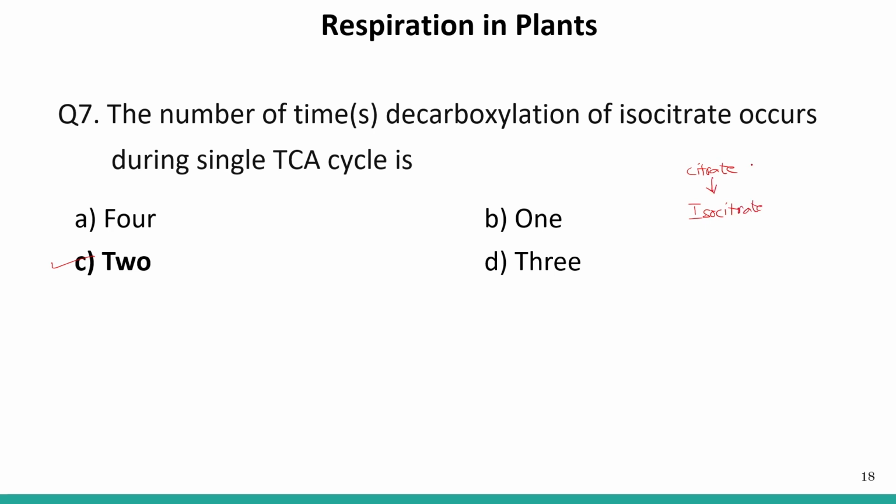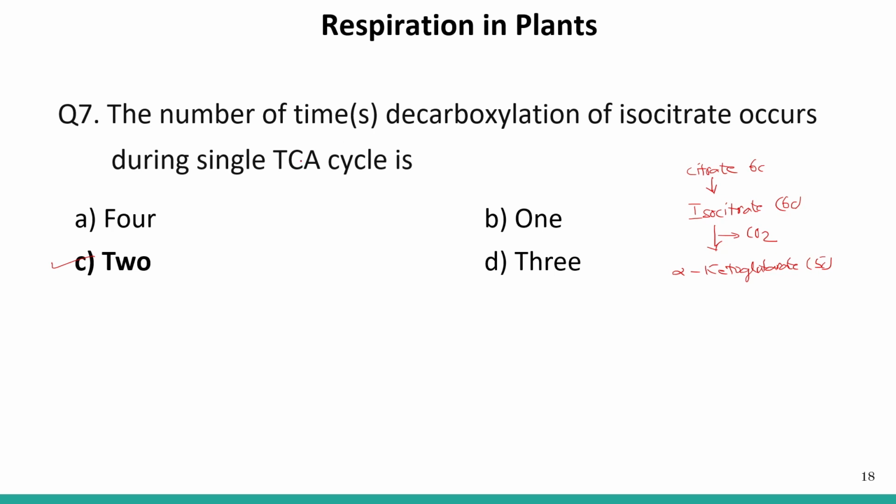Citrate is a 6 carbon compound. It isomerizes into isocitrate. Isocitrate is converted into alpha ketoglutarate, which is a 5 carbon compound. Here carbon dioxide is released. This is the decarboxylation step.